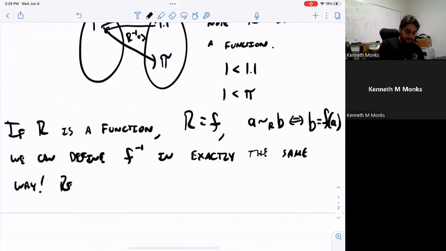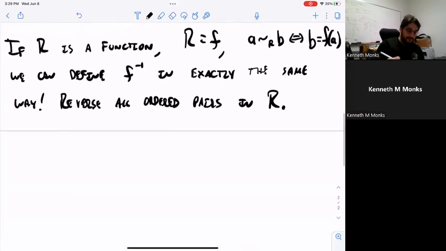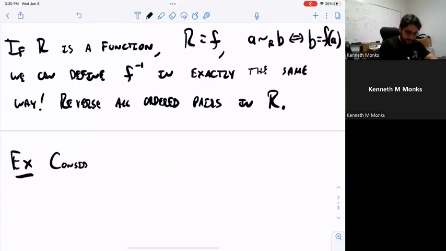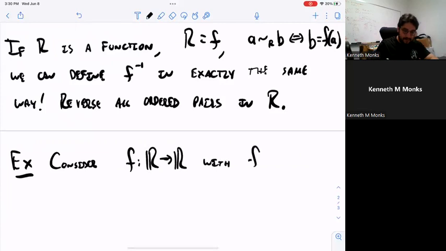So we reverse all ordered pairs in the relation R. So if you want, for example, to think about the function, and let's say this function goes from the reals to the reals, and let's say it's given by f of x equals x squared.